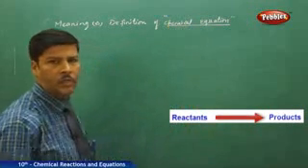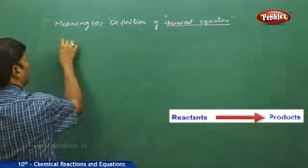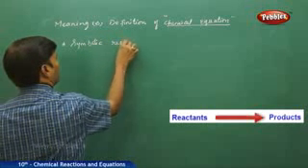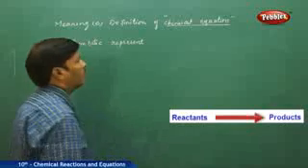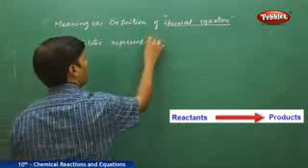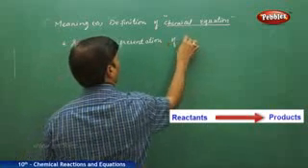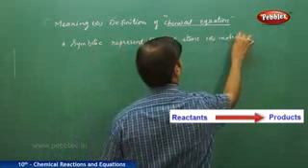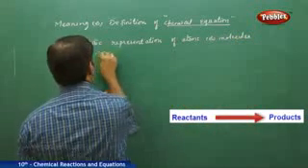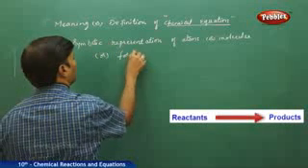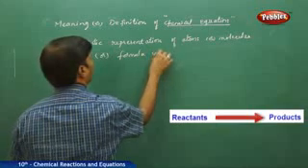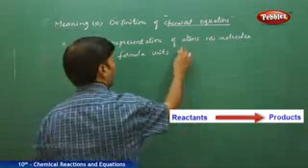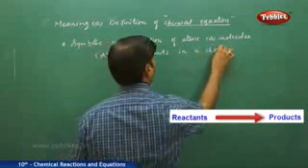Definition of chemical equation: it is the symbolic representation of atoms or molecules or formula units in a chemical reaction.